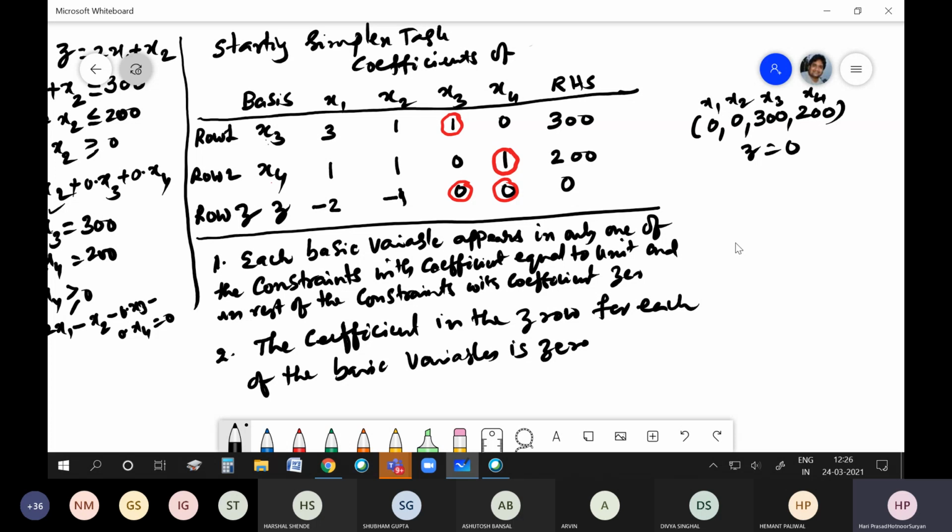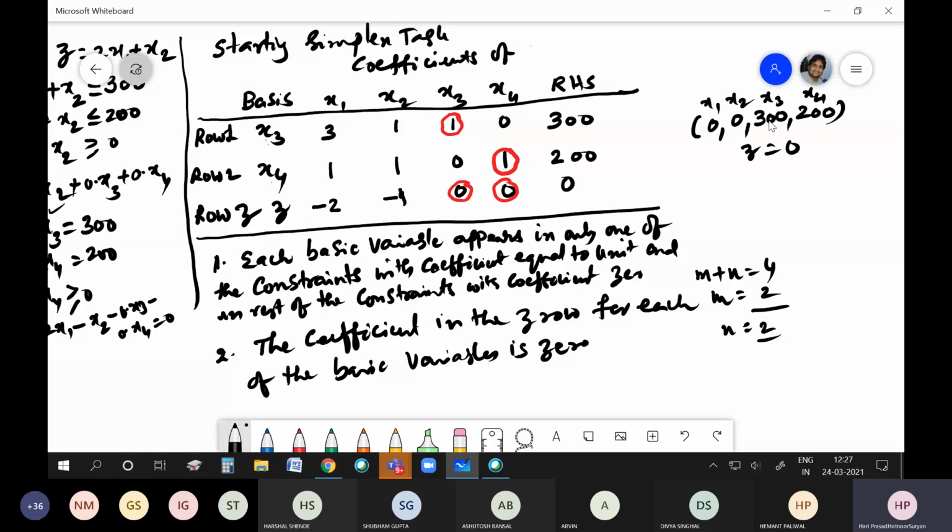Such a solution where n variables are 0 is called a basic solution. Here, how many variables are there? 4. So m plus n is equal to 4. How many constraints are there? 2. So 4 minus 2, n is equal to 2. So you have to necessarily make 2 variables equal to 0.